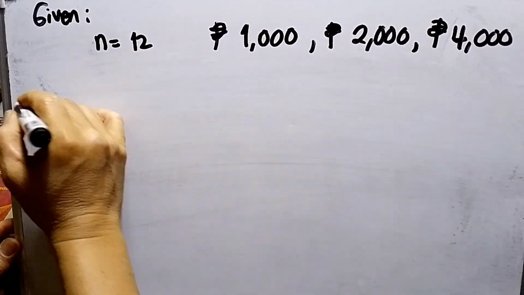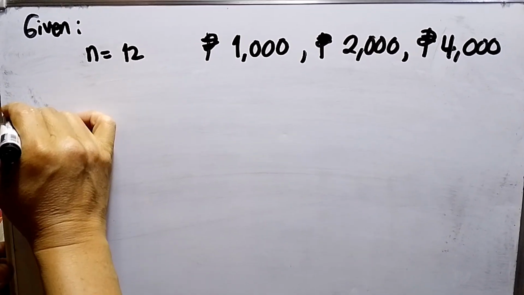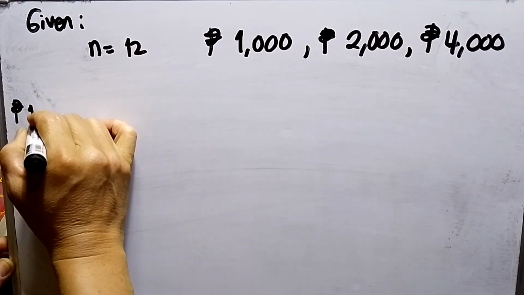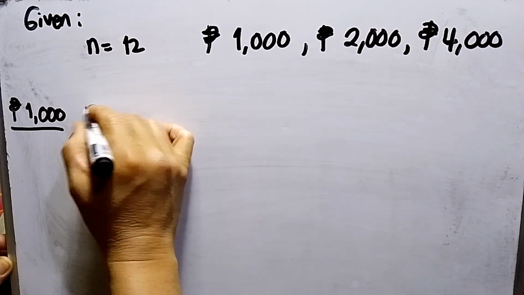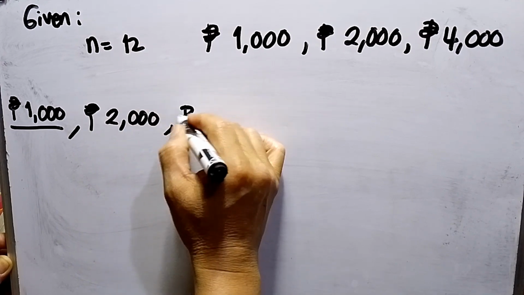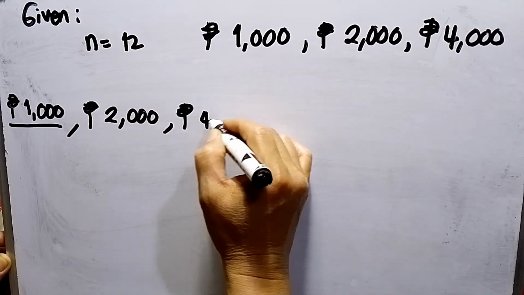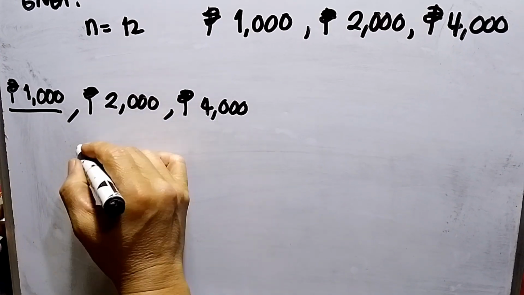So if n equals 12, let's start from 1,000, then next is 2,000, the third is 4,000. So I need to find out the ratio.